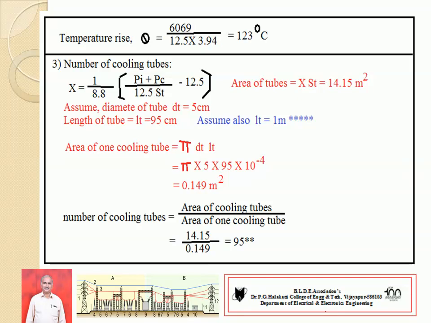Again you assume the diameter 5 centimeter, L 95 centimeter, or you can take 1 meter also, no problem. So you calculate area of one cooling tube, pi dt LT, 0.149 meter square. Then finally you come to number of cooling tubes, equal to area of cooling tubes divided by area of one cooling tube.